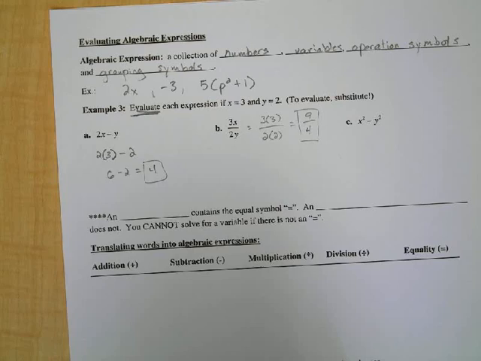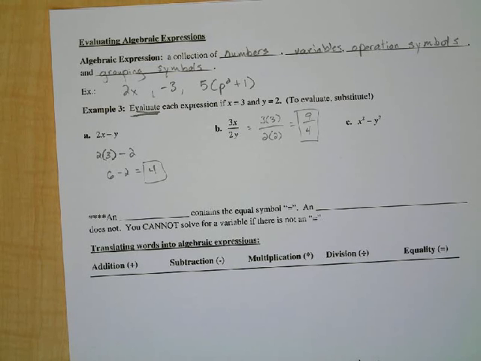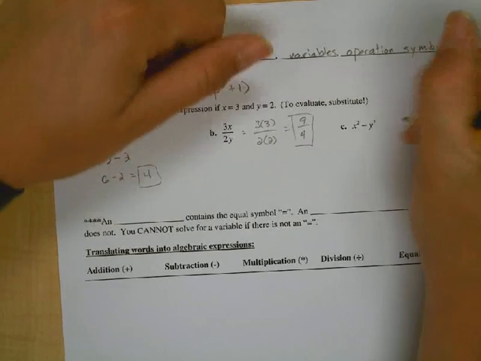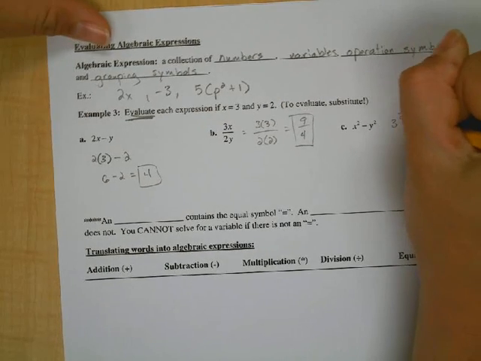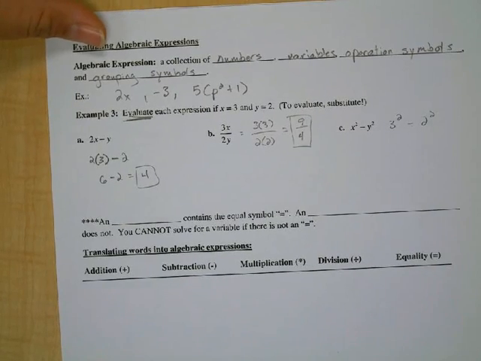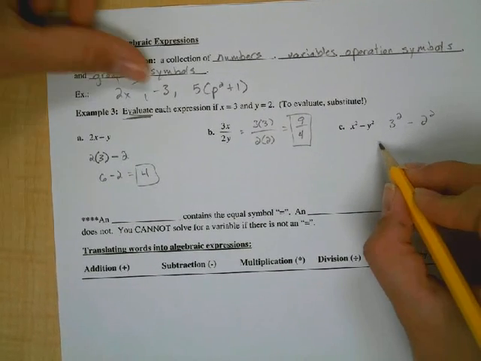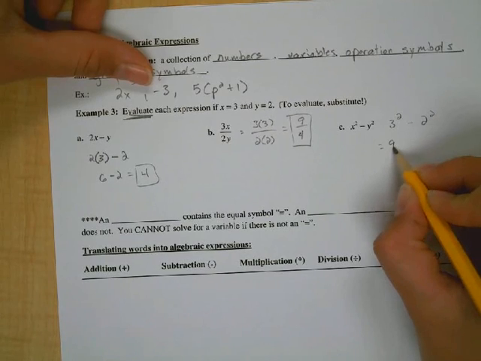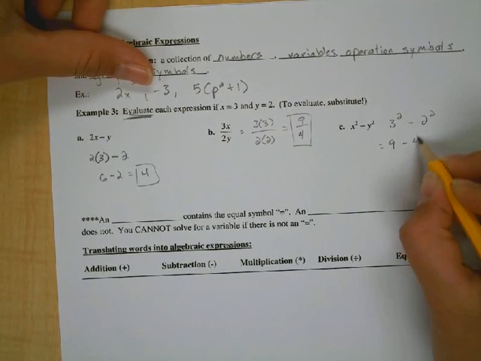Okay, same sort of thing in that next one, x squared minus y squared. Okay, so if I've got x squared, that's going to be 3 squared minus 2 squared. Order of operations, here we go. Okay, exponents have to happen first, so 3 squared is 9, 2 squared is 4, and then 9 minus 4 is 5.